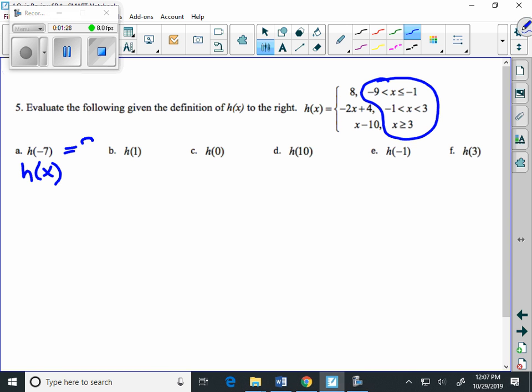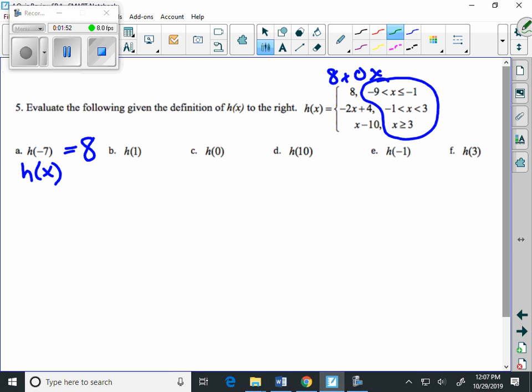And h of -7 is 8. If that's confusing, what we did in our notes is we wrote it as 8 plus 0x. So we would put -7 back into our function for x, but 0 times -7 is still 0, and 8 plus 0 is 8.